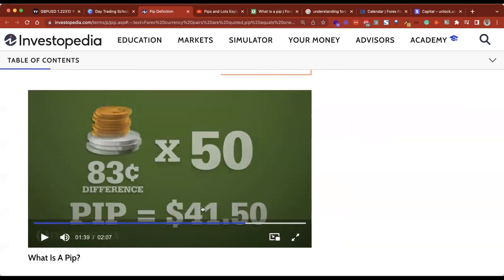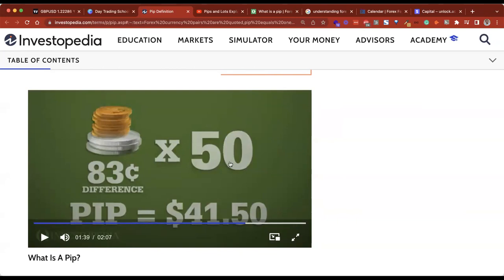And that's how they got this $41.50, because they multiply 83 cents times 50. They pretty much say whatever money you have, they'll multiply it by 50. So if you had $100, they'll multiply that by 50, and that's $5,000. That's the cool part about it.